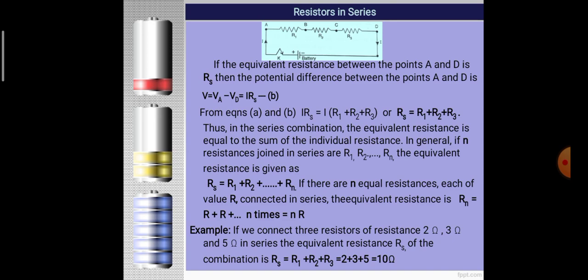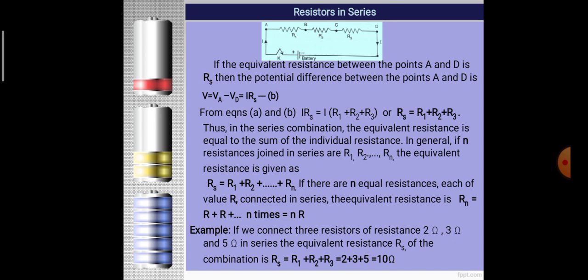In general, if n resistances joined in series are R1, R2 till Rn, then the equivalent resistance is given as Rs is equal to R1 plus R2 plus Rn. If there are n equal resistances, each of value R, connected in series, the equivalent resistance Rs is equal to R plus R till n times, which is n into R. Let's see an example.